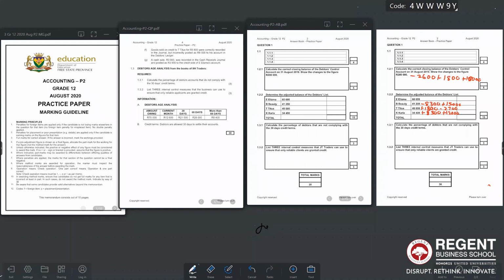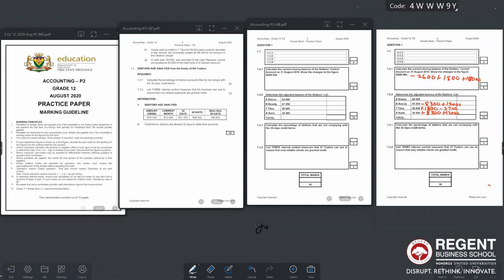A cash sale. It means I sold goods for cash. 3,900 was recorded in the CRJ. That is absolutely correct. You record it in the CRJ and post it as 3,900 to the credit side of Elisma's account.